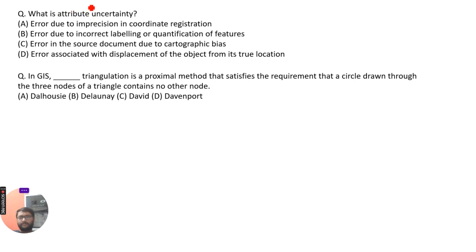So now you know what an attribute is. Which of the following options is correct here? C. Error in source document due to cartographic bias. Anyone else? B. Error due to incorrect labeling and quantification of feature.